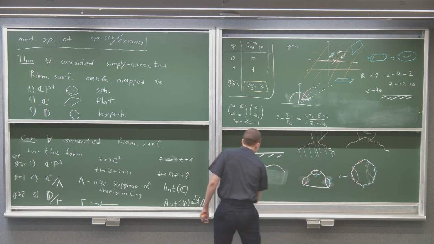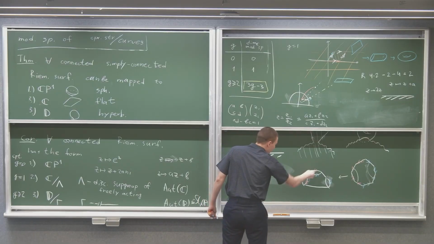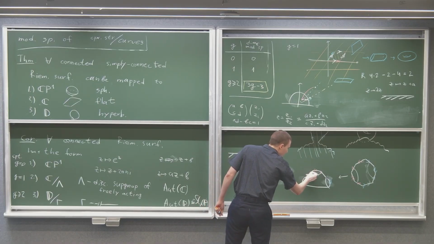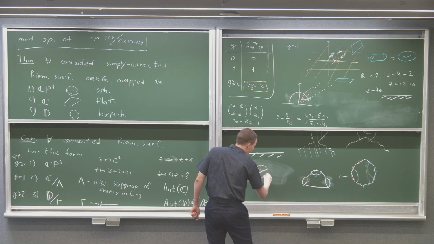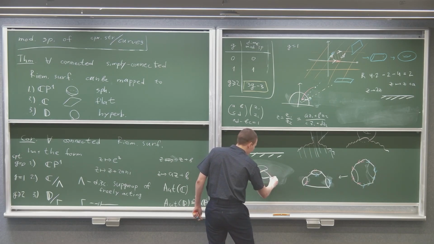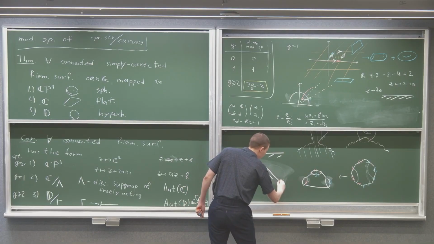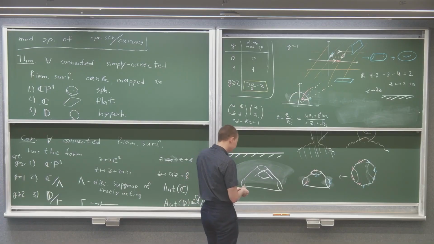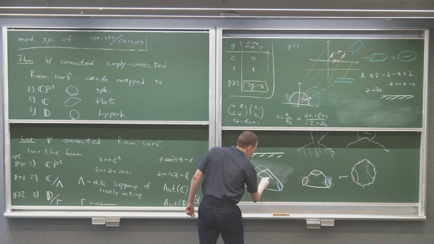Yeah, sorry about that. Now we'll have a better picture. So these two points need to be glued together, and we'll have this kind of picture. And we need to glue this guy with this guy.